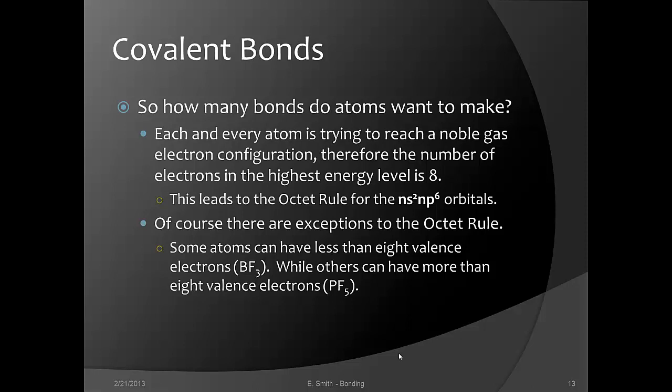And therefore, this leads to what's called the octet rule, meaning that every atom is trying to achieve 8 valence electrons. Now, of course, there's exceptions to the rule when it comes to the octet. Some atoms actually can exist with less, some actually can exist with more, and then some don't follow the rule at all. And we'll go over those as time progresses through this unit.